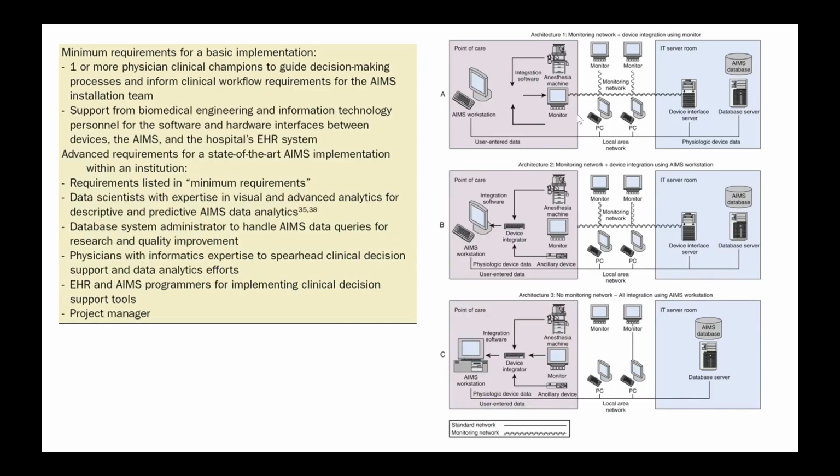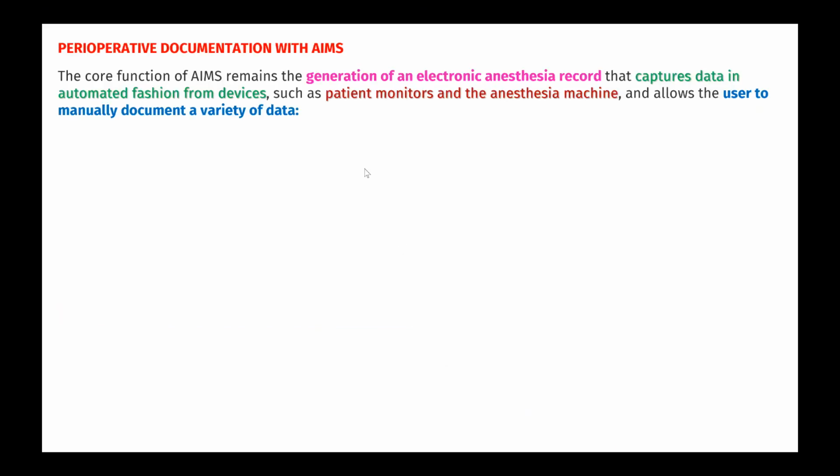And this is a picture for you to have a mental idea about how AIMS is introduced at multiple levels. It can be a monitoring network device integrated with the monitors. It can be a two-monitor network device. So if you have multiple theaters, you can use all these combined together. And in perioperative documentation, it helps in the maintenance of electronic records.